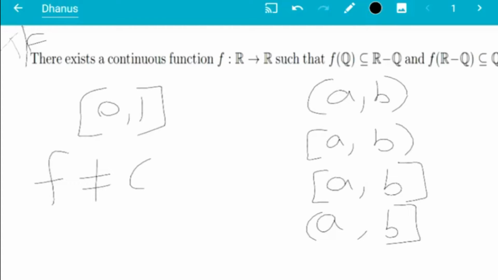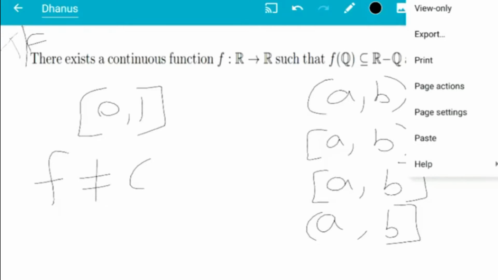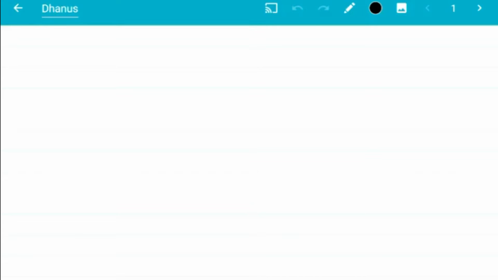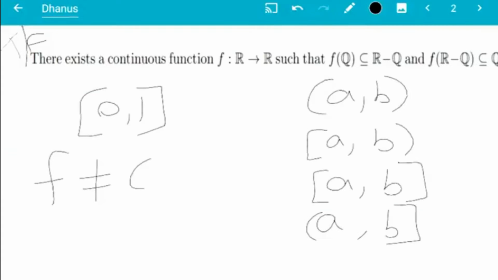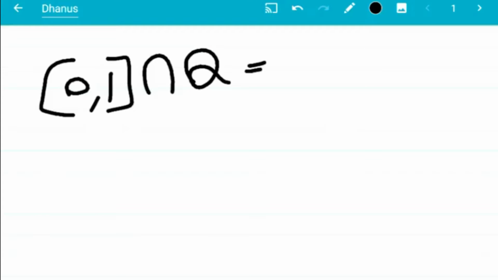Suppose such a function exists. Consider the image of the rational numbers in this closed interval [0, 1]. The image of Q will be a subset of the irrational numbers.